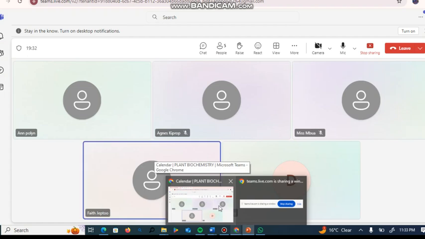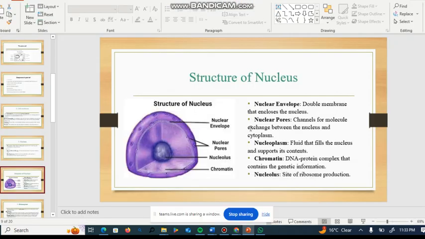Okay, under the nuclear envelope, we have a double membrane that encloses the nucleus. We have the nuclear pores. These are the channels for molecule exchange between the nucleus and the cytoplasm.